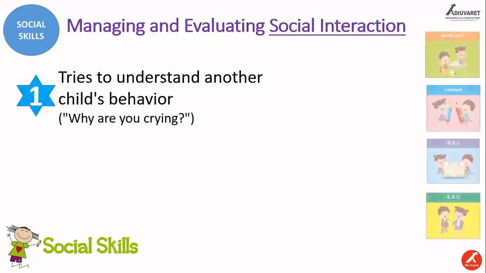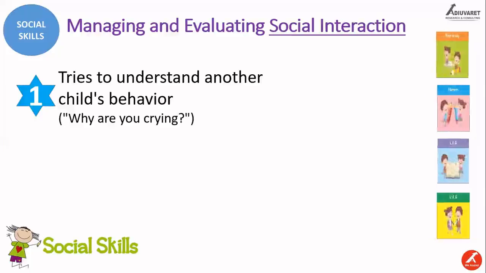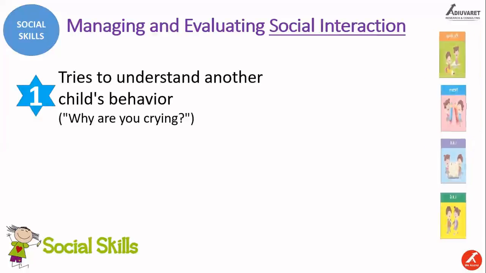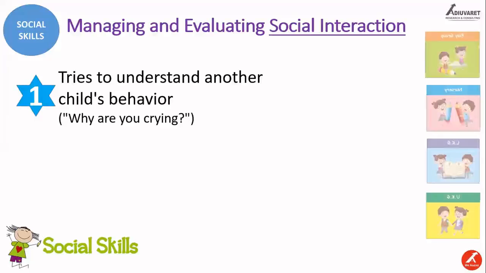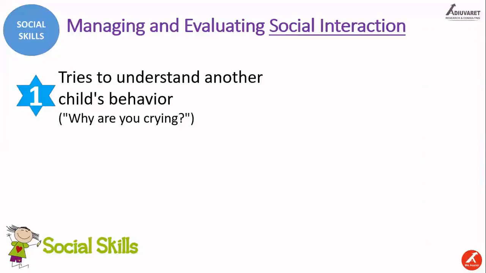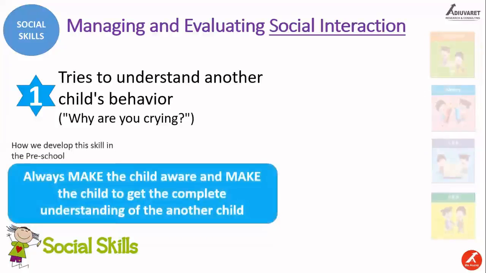For example, if another child is crying, then the child must ask why the child is crying. So there is inquisitiveness in terms of skill building, that the child must inquire about the behavior of the other child. That is the first skill under social interaction the child must develop.